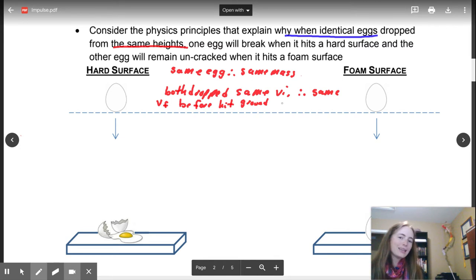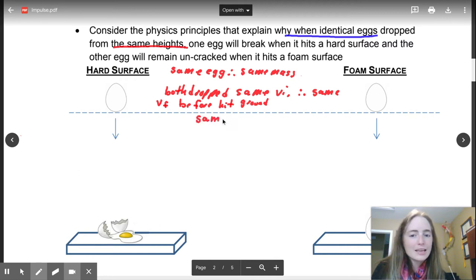Once they come to a stop, their final velocity during the time in contact with the ground is also going to be the same. That means that as they stop, they are going to experience the same impulse as they hit the surface.